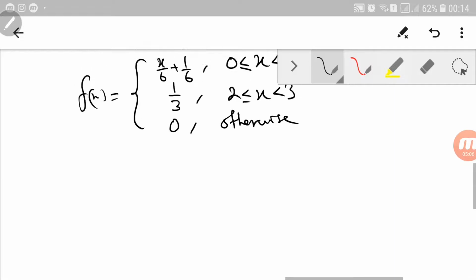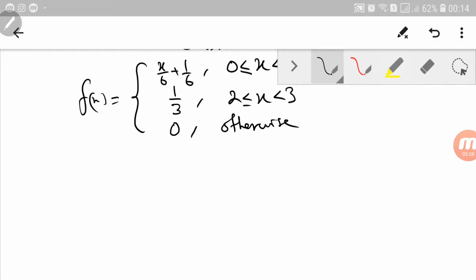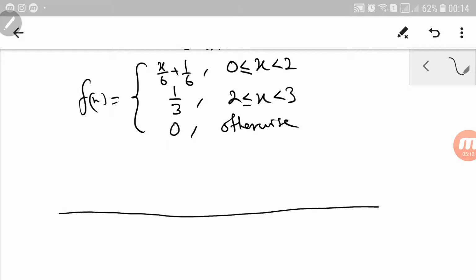Now, the next part is sketching the probability density function. A better way to sketch it is to represent the piecewise function on a number line, as I did in front of you. First things first, we put the values 0, 2 and 3, which cut the line into 4 different intervals.